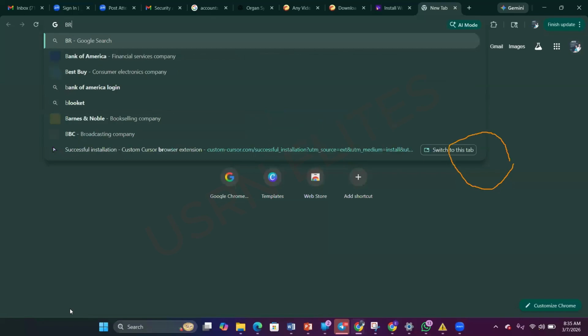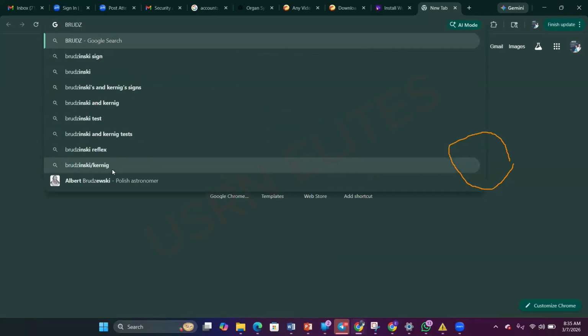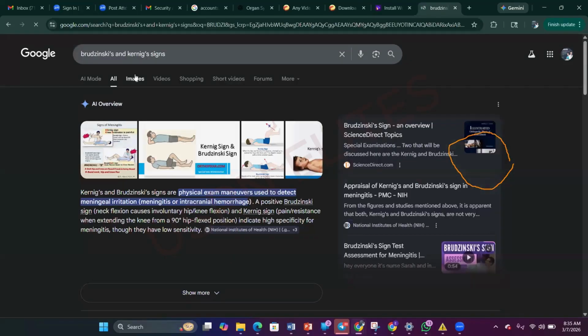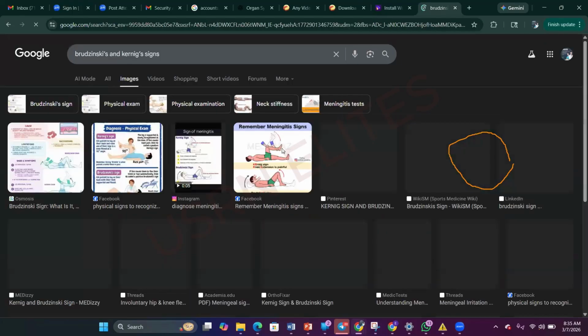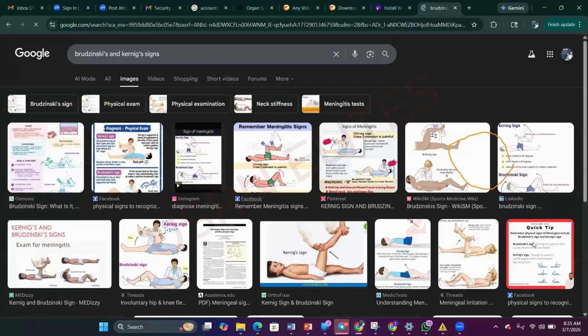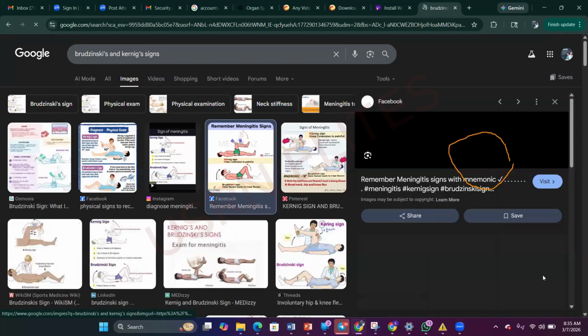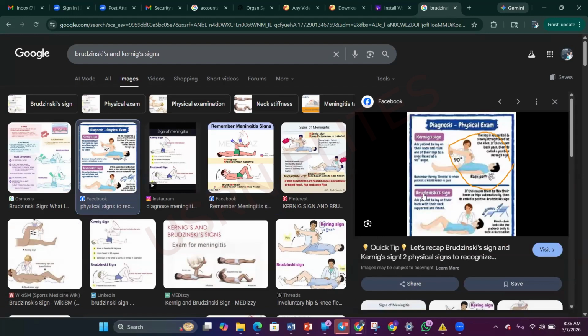Let me give you the sign again. So where is the other sign? Okay, fine. You can use any. I want a clear picture. Okay, so I think we can use this one and see if it's going to help.